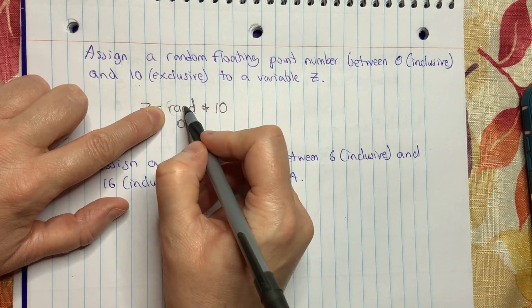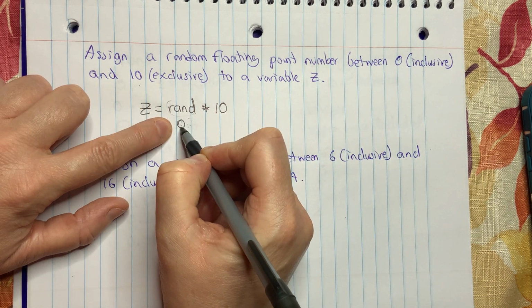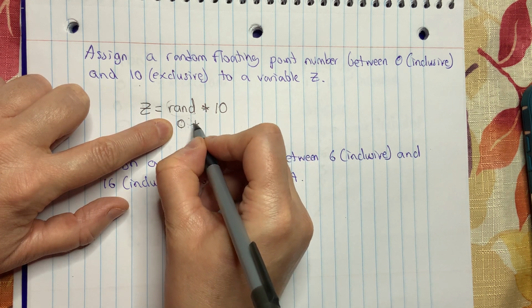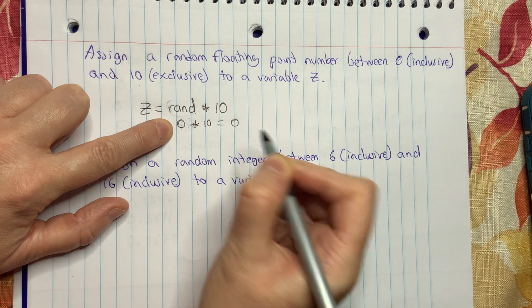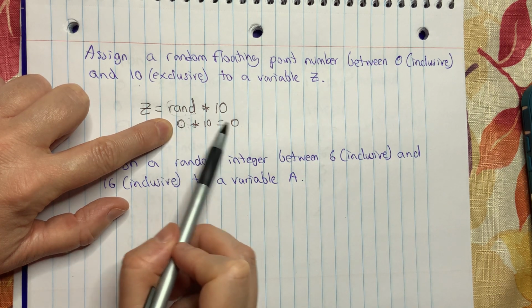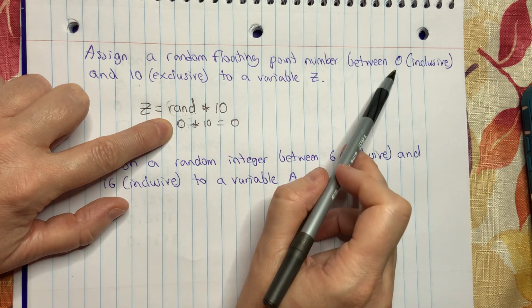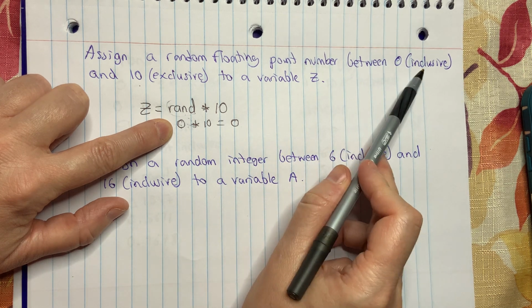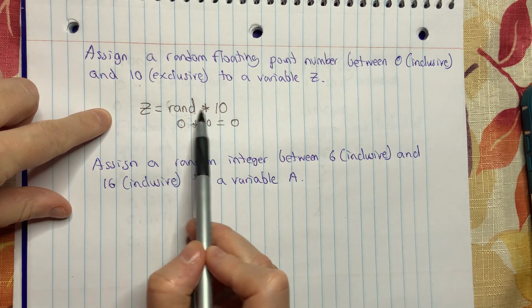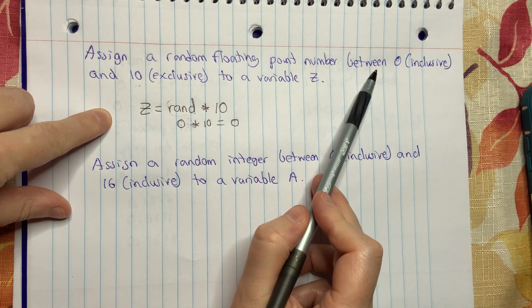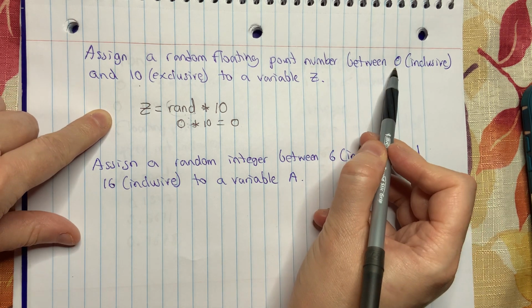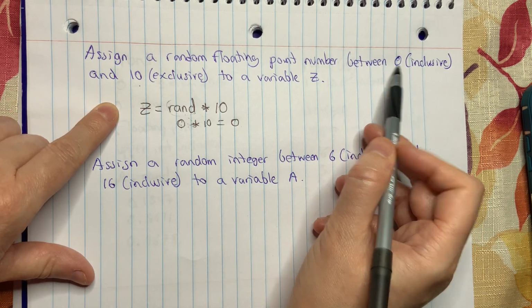So in this case, if this gives you 0, which is the minimum and is a possibility, then when you multiply it by 10, this gives you 0. So we're good here because the lower limit being included is met. So this function meets the minimum requirement that it has to be between 0 as the minimum lower limit.